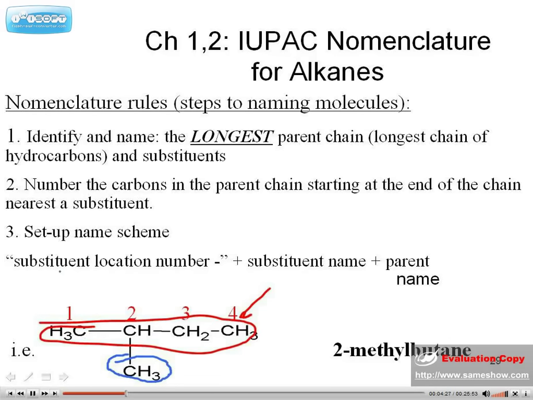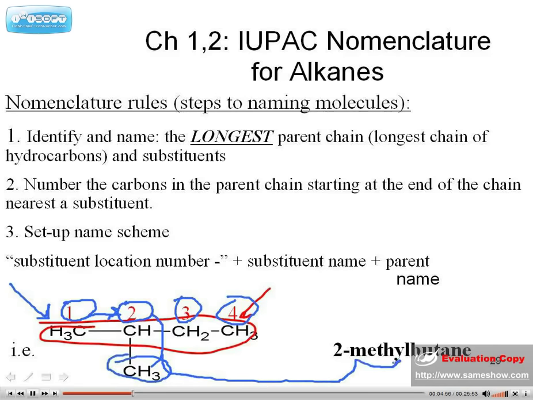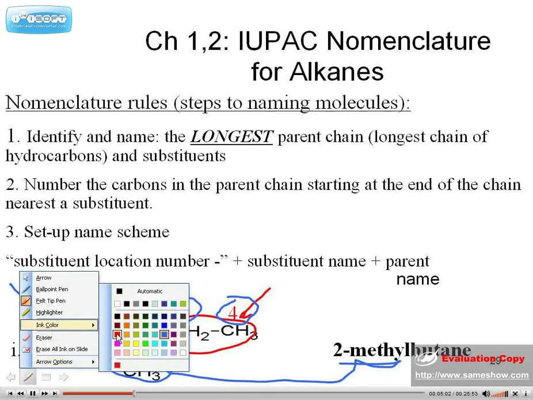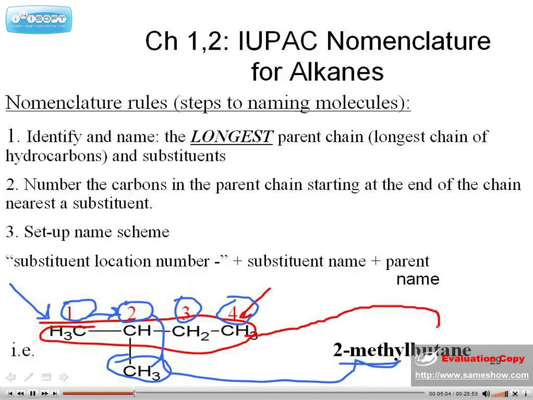So in this case, this is the side closest to the branch, and we label each carbon along the parent. Let me say that again. We label each carbon along the parent, starting from the side closest to the branch. So carbon 1, carbon 2, carbon 3, carbon 4. We then put the branch as a prefix name in front and we put the parent name in back. Hence, it's 2-methylbutane.